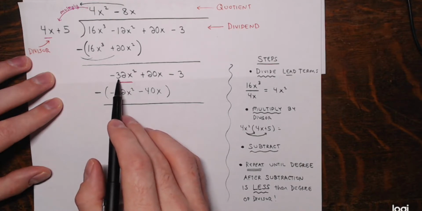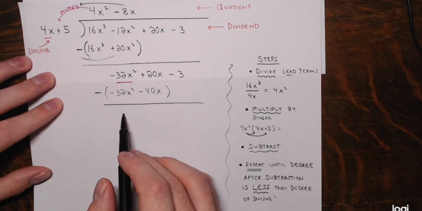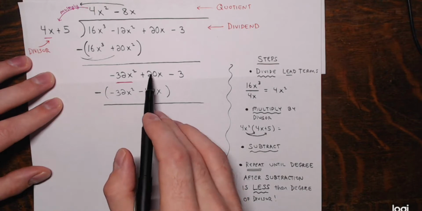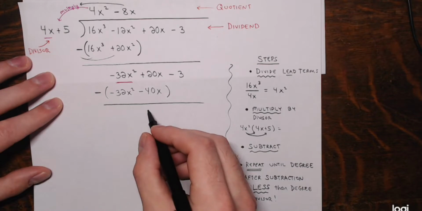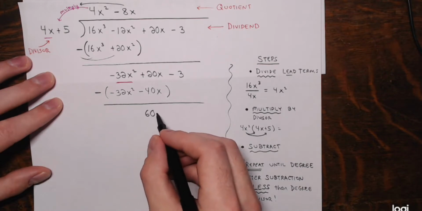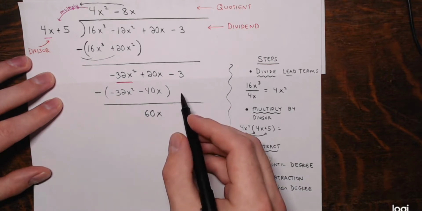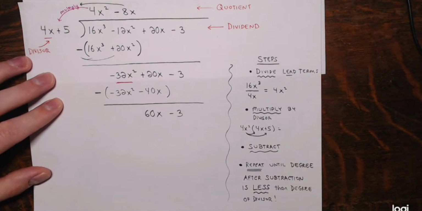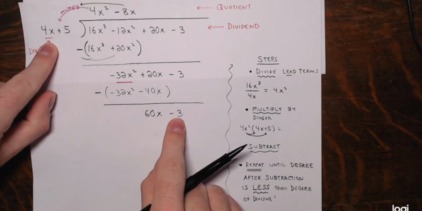Negative 32x squared minus negative 32x squared would be 0. 20x minus negative 40x, that'd be 20x plus 40x. So positive 60x. And then negative 3 minus nothing is negative 3. So basically, again, the terms that aren't used just drop down. All right, so after subtraction, we have 60x minus 3.